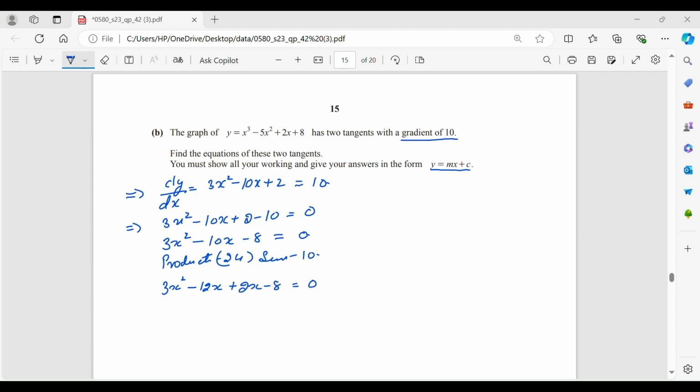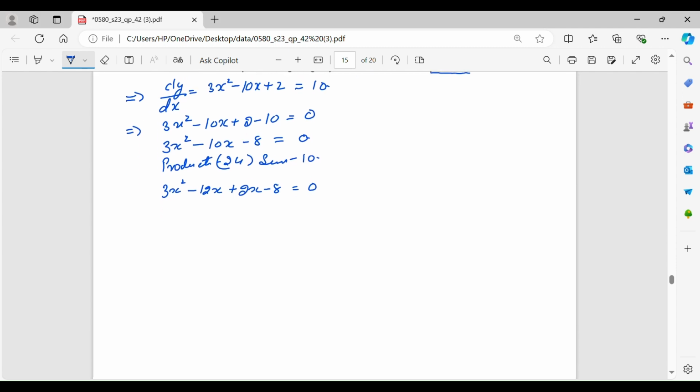So for this we will have 3x as common factor, x minus 4, 2 as common factor, x minus 4 plus 2. This is equal to 0. That means x minus 4 and the second will be 3x plus 2.